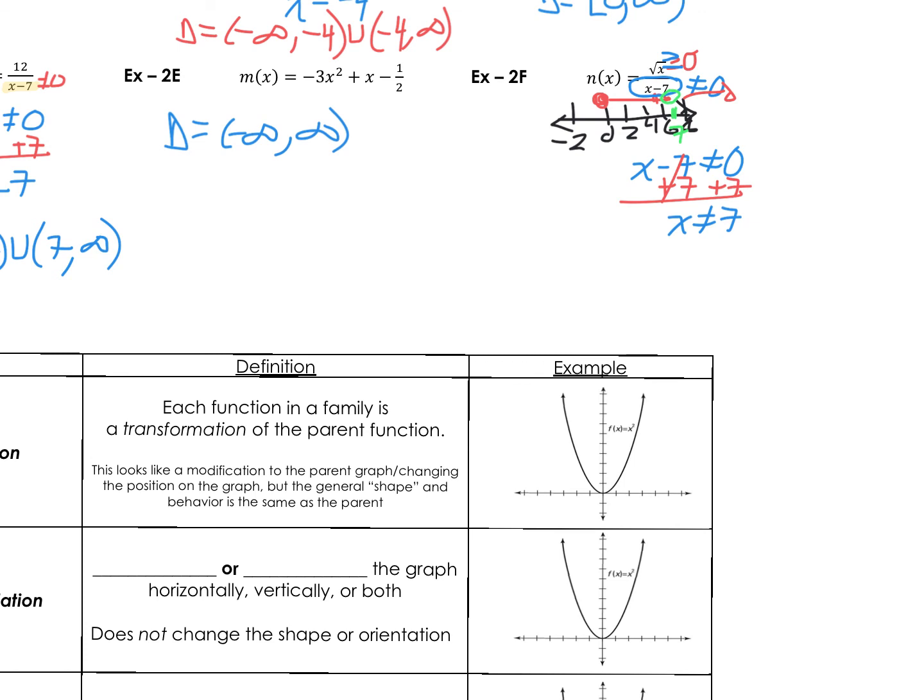So my domain starts and includes 0, and then it goes to 7. We don't include 7, so that's open parentheses, union, and then we have to combine this interval. Well, it starts at 7 and goes to infinity, but it doesn't include 7. So that's probably the weirdest one of all.